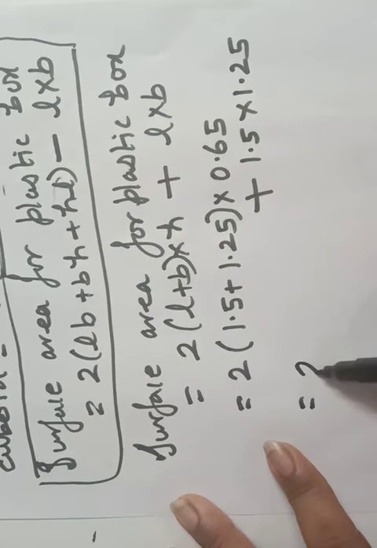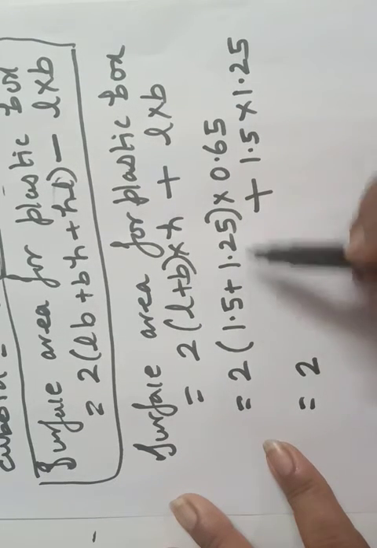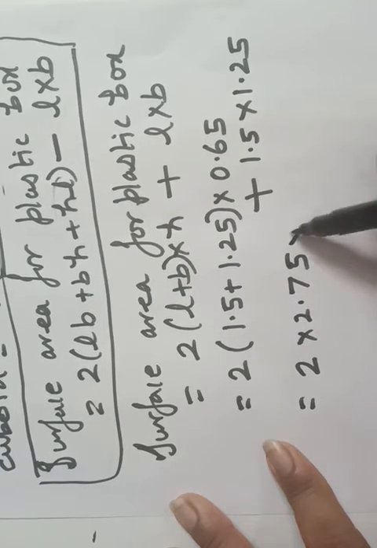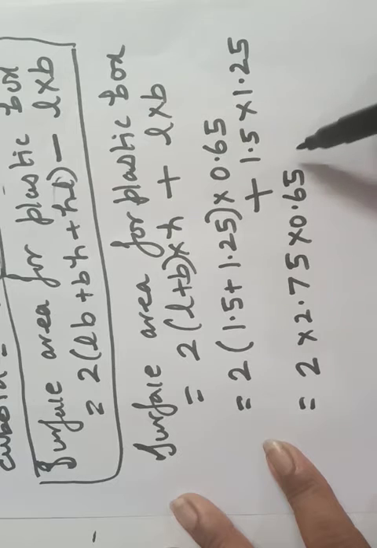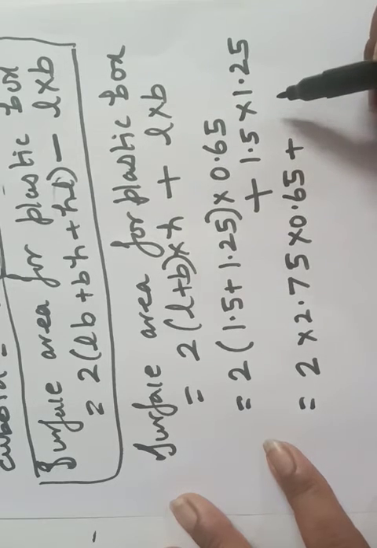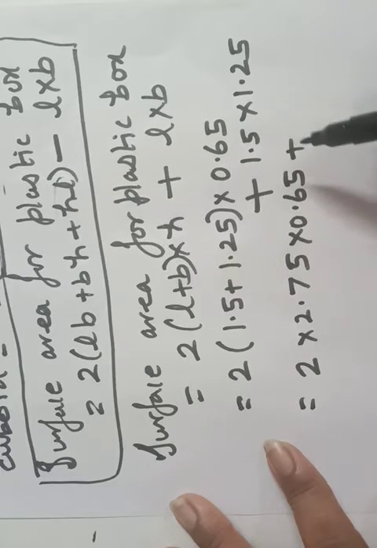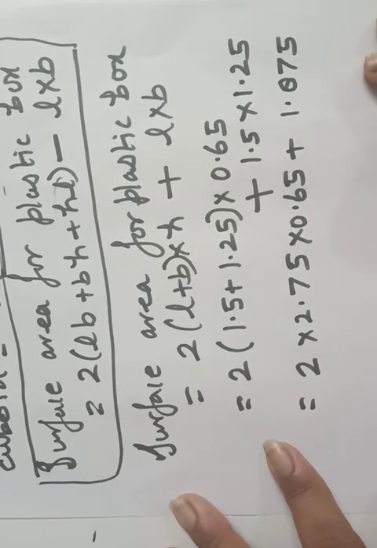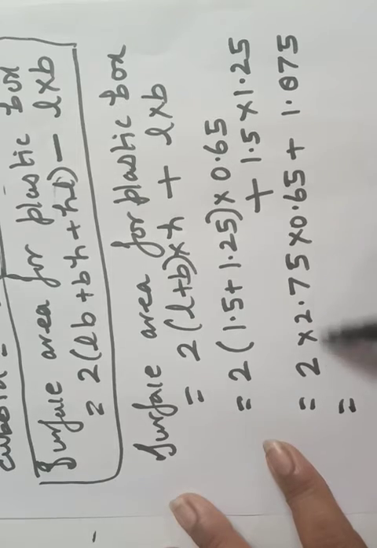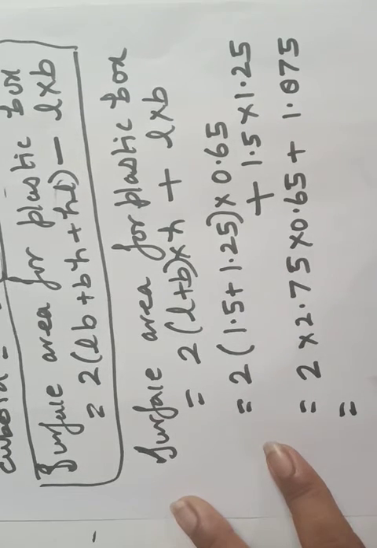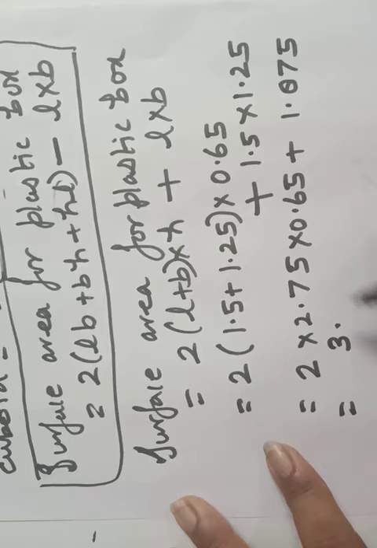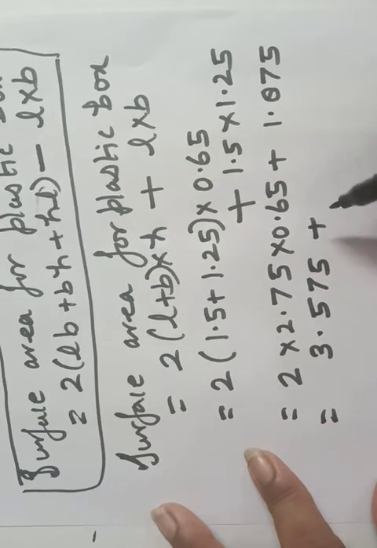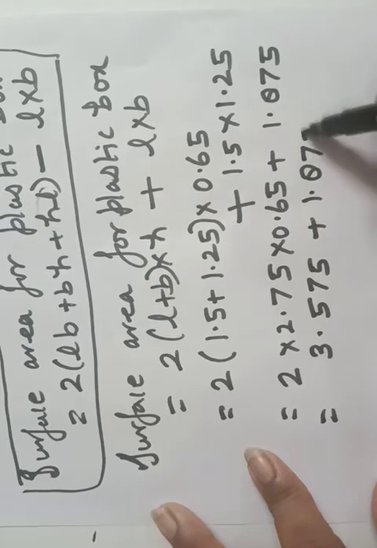That is twice of the sum, which becomes 2.75, into 0.65, plus 1.5 into 1.25, which is 1.875. Multiplying these three, we get 3.575, plus 1.875.